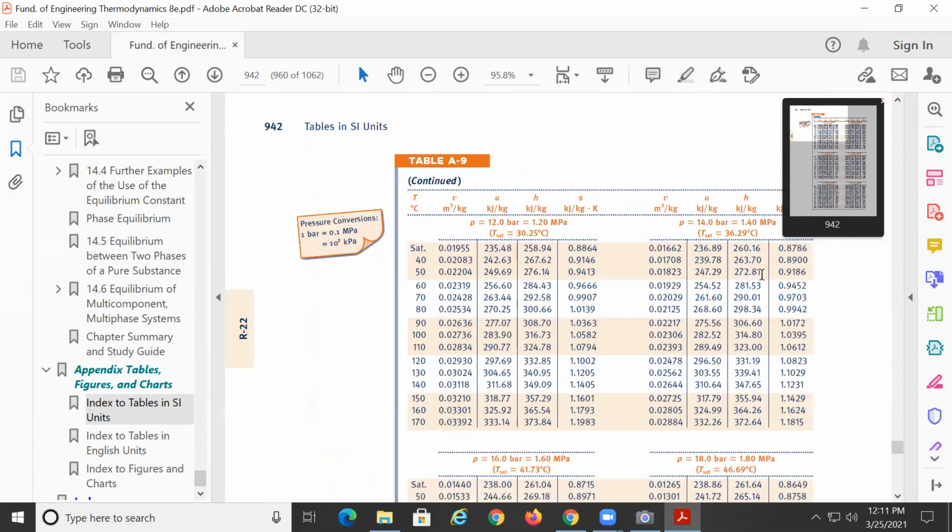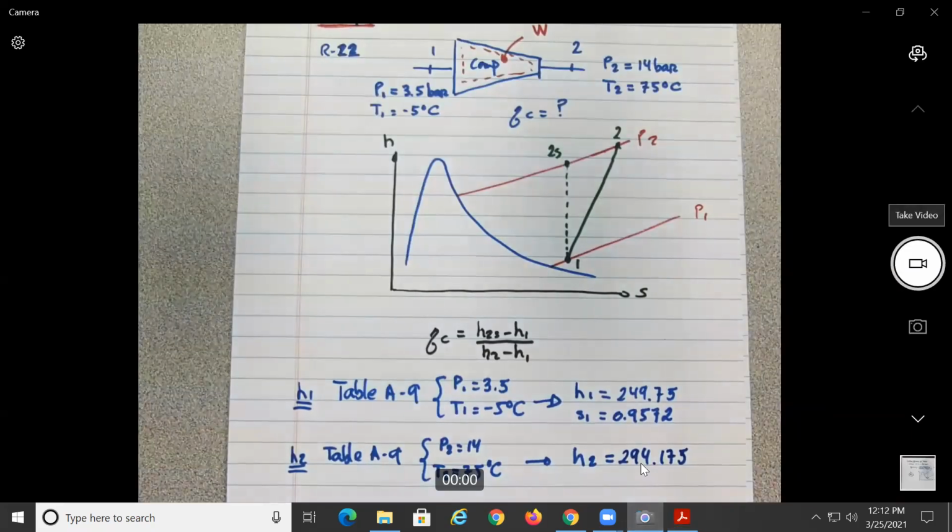So you just take the two values and divide by 2. Can somebody do 290.01 plus 298.34 divided by 2? So you add them and divide by 2. So it will be 294 point what? 175. Thank you. So 294.175.